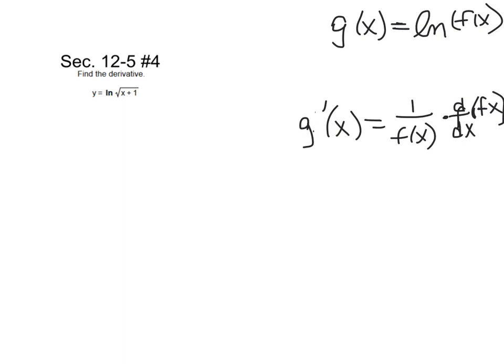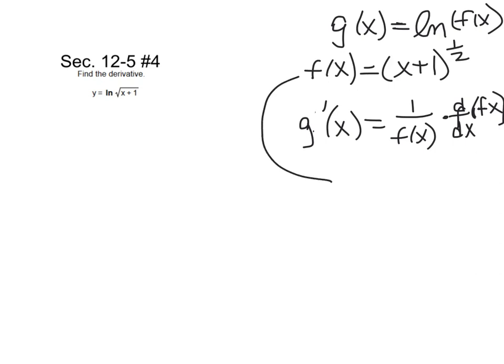And in this case, g of x is x plus 1 to the 1/2 power. So in finding the logarithm, we're going to need not just the derivative of the logarithm, but the derivative of g of x.